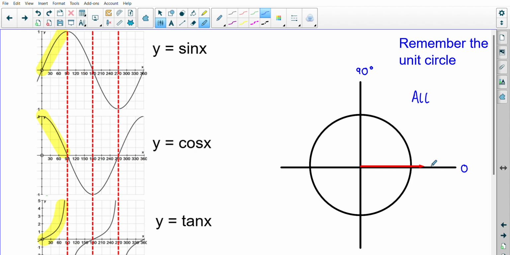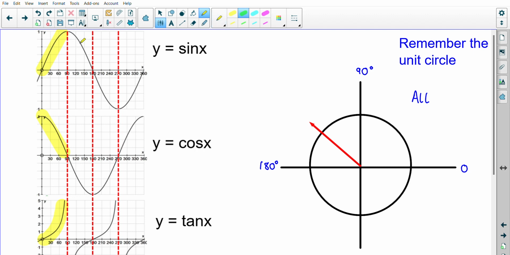If I go from 90 to 180 degrees, so this time, rather than having an acute angle as in the first quadrant, I'm going to go to the second quadrant where we've got obtuse angles between 90 and 180. Let's see what's happening with those parts of the graphs.